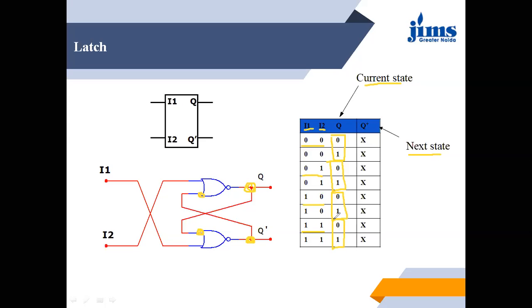As I told you, the state of the latch is going to change based on the input value. Suppose this is the earlier or the current value and the next value is 1, based on which the state or the output of the circuit is going to change when the input value changes.